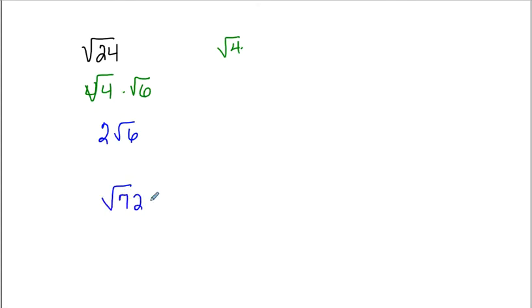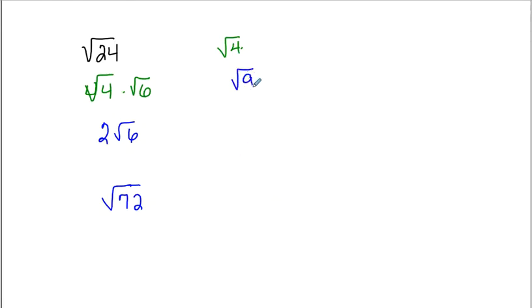All right, let's try another one, the square root of 24. Again, I'm looking for the largest perfect square that is a factor of it. So the square root of 4 goes into it. So square root of 4 times the square root of 6. That would simplify to 2 rad 6. All right, what about if they're bigger? What if I gave you the square root of 72? Here's a little thing I want you to really think about. A bunch of you are going to jump to the square root of 9. And square root of 9 is a factor of 72, but it is not the largest.